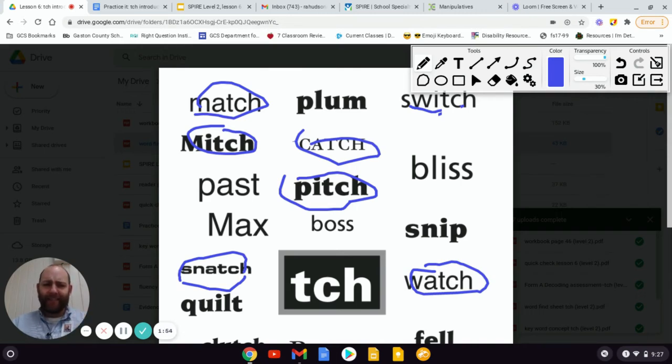So a match has several different meanings. Switch, itch, Mitch, this is somebody's name. Catch, and this is, of course, the key word. Itch, pitch, catch, and pitch. Those are baseball terms. You know I love baseball.